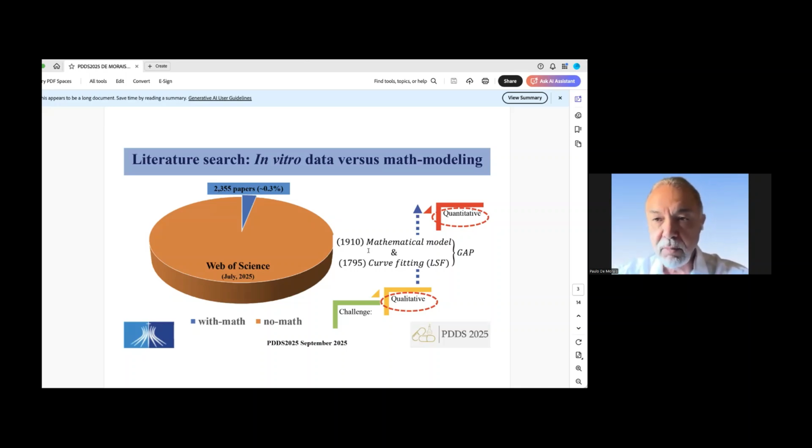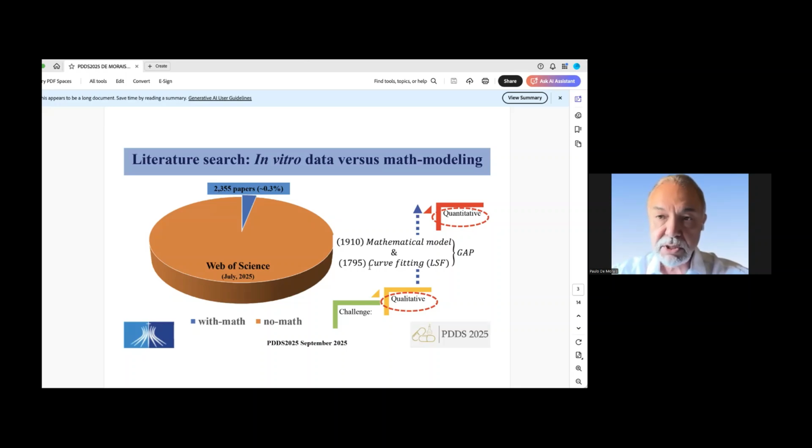So the mathematical model to analyze in vitro data, the first model was proposed actually more than 100 years ago, in 1910. It was proposed by Archibald Vivian Hill, a British physiologist.